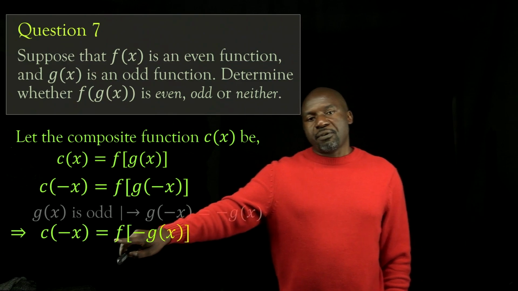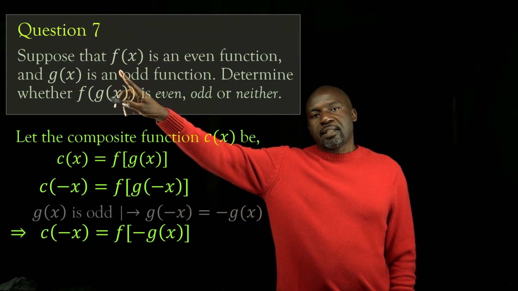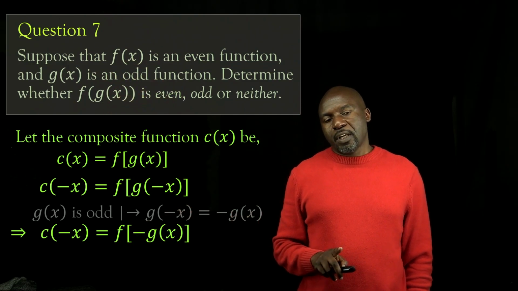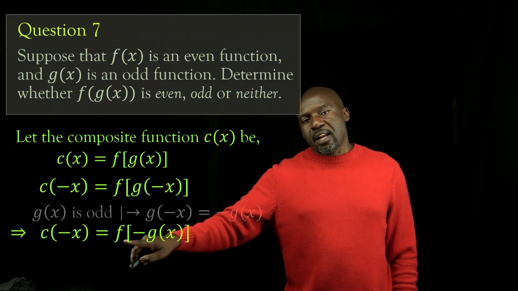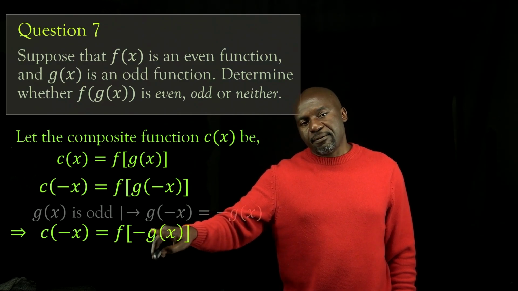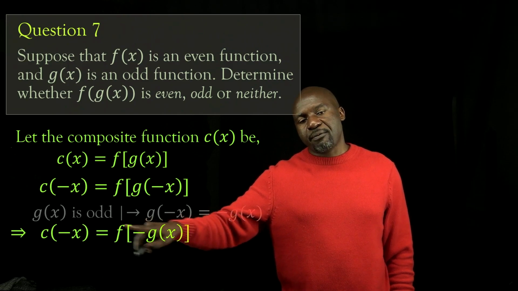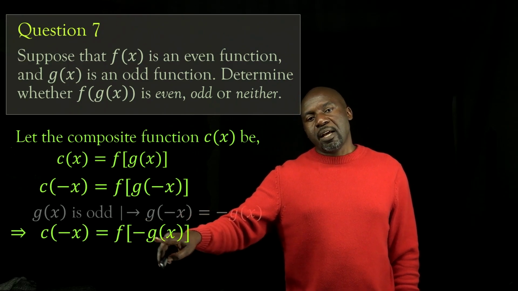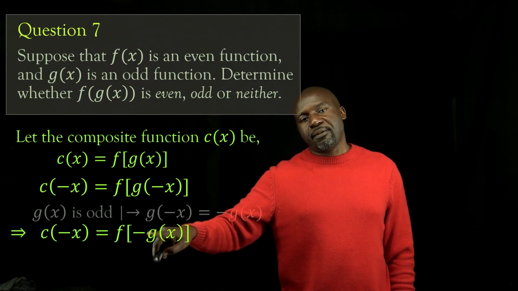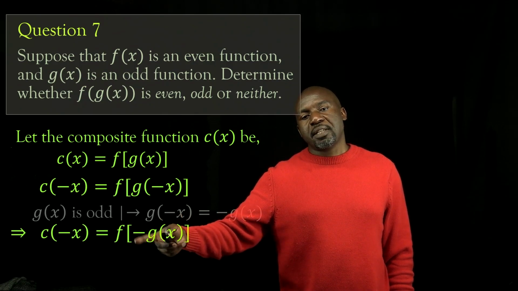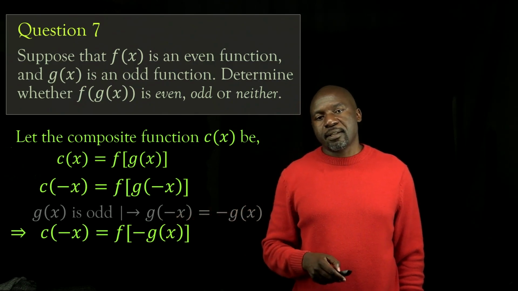And now we think of f. F of x is an even function. If it is an even function, then f of a negative something must be equal to f of that something, which is to say f of negative g of x must be the same as f of g of x.